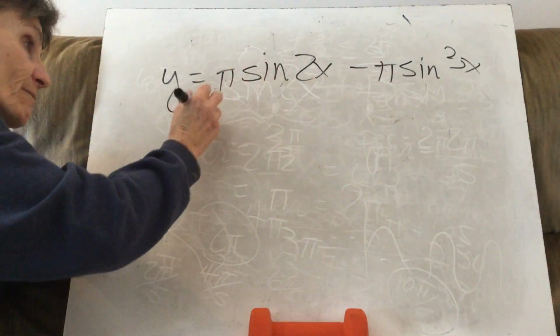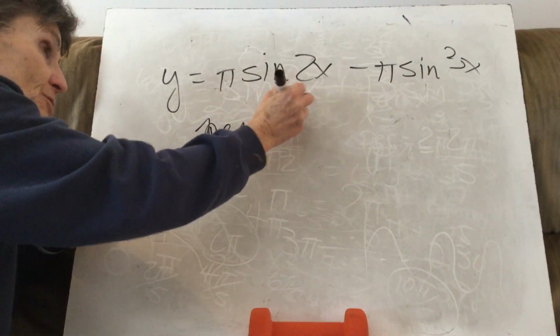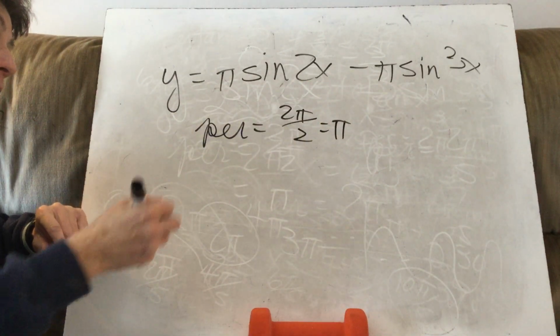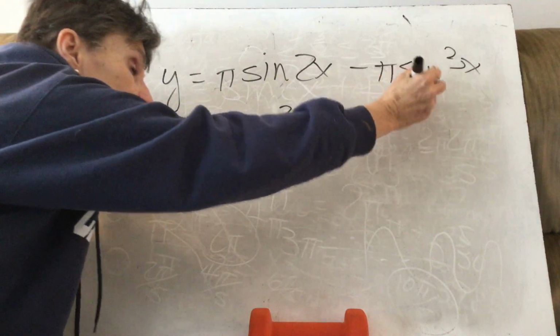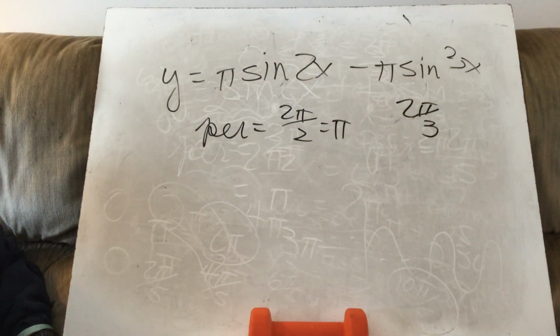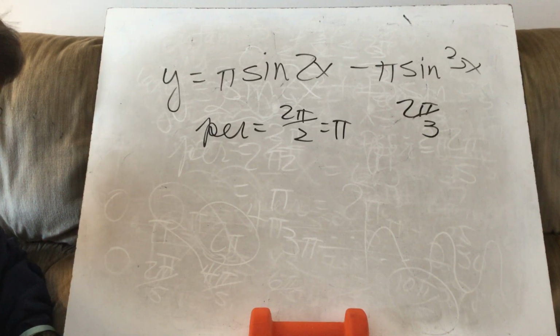So the period of this is 2 pi over 2, which is pi. The period of this is 2 pi over 3. Remember, the coefficient on x divides the period. Is it sinusoidal?